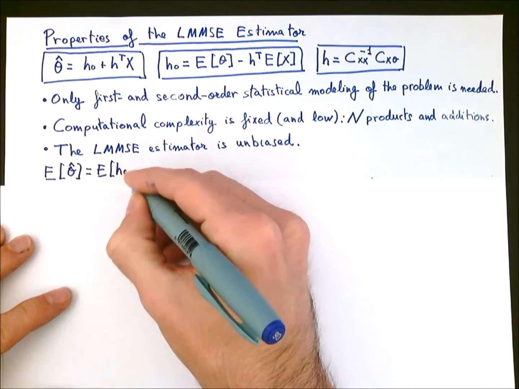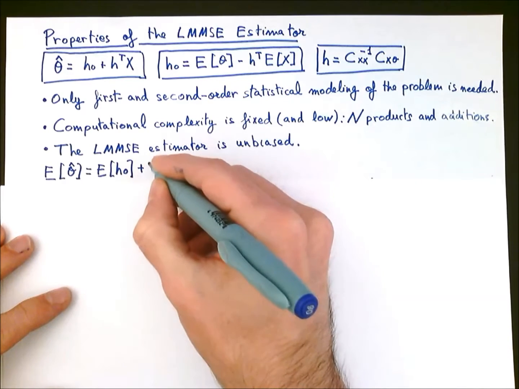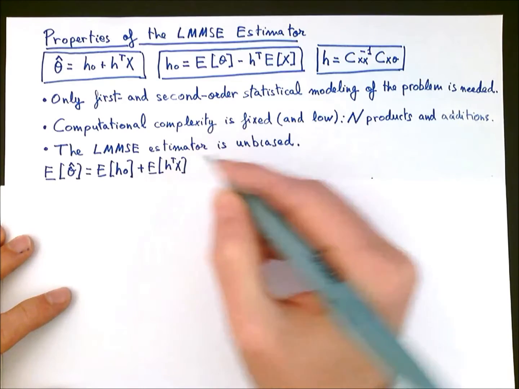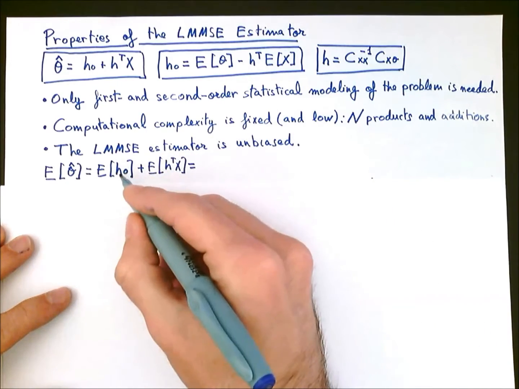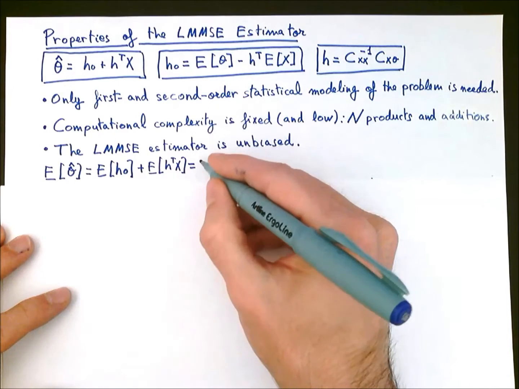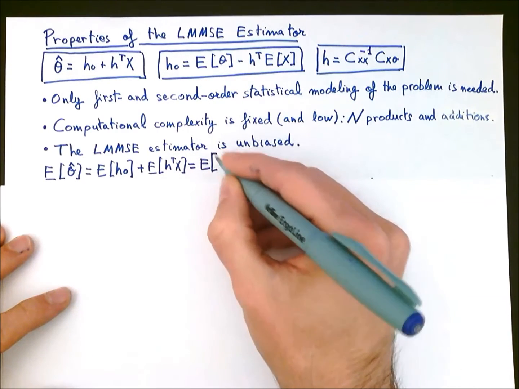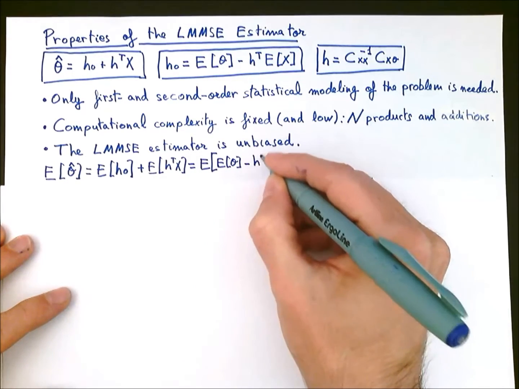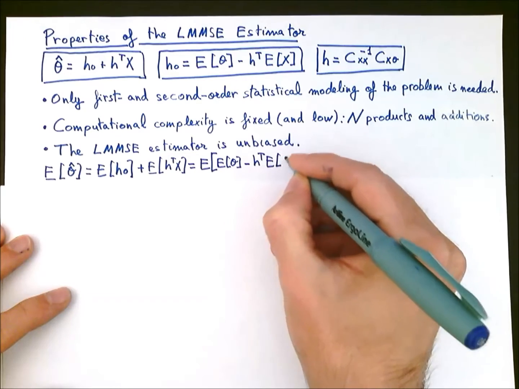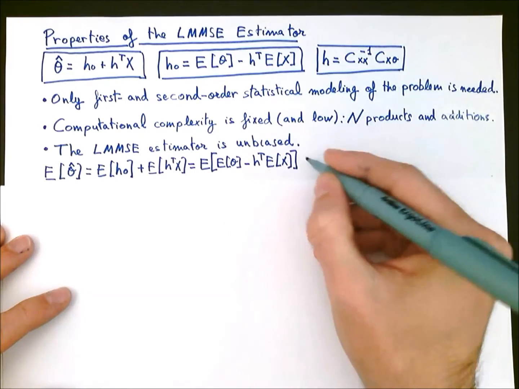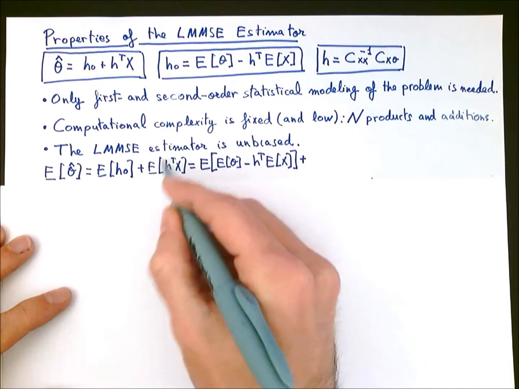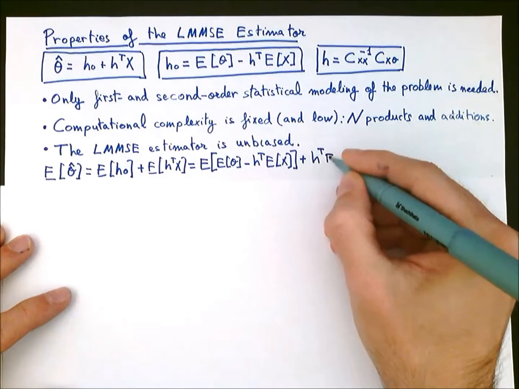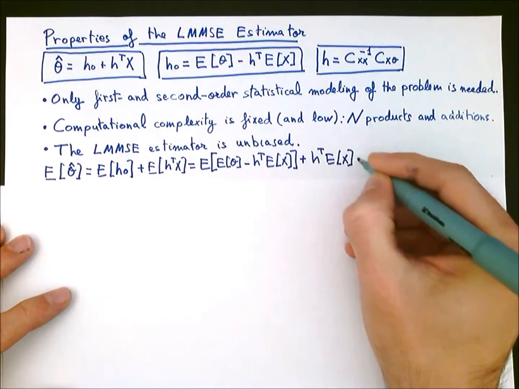This would be the expectation of H0 plus the expectation of H transposed times X. If I substitute H0 with its value, what I will get is the expectation of theta minus H transposed times the expectation of X. And here in the second term I can take the vector of coefficients out because it's a constant, multiplying the expectation of X.